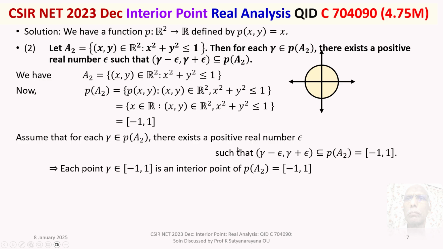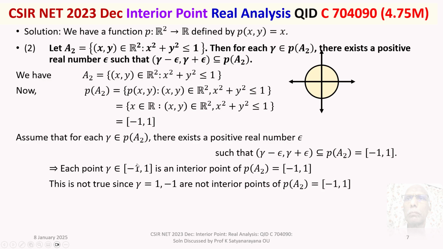This is what it says, if you assume that. But this is not true, since gamma equal to 1 and minus 1, the endpoints, are not interior points of P of A2. Right? So therefore, option 2 is not true.